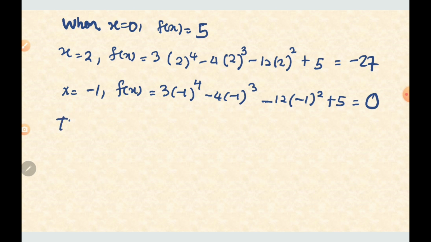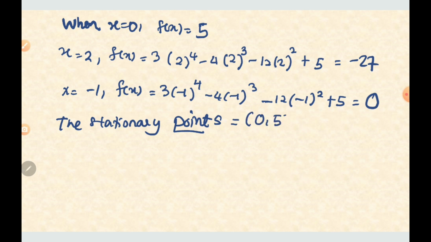Okay, therefore the stationary points are: firstly 0, 5. Secondly, written in point form, 2, negative 27, and last one, negative 1, 0.